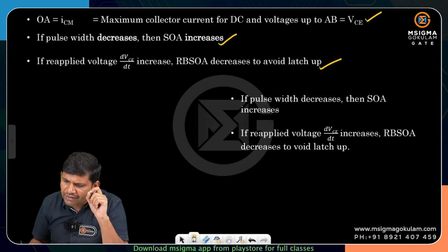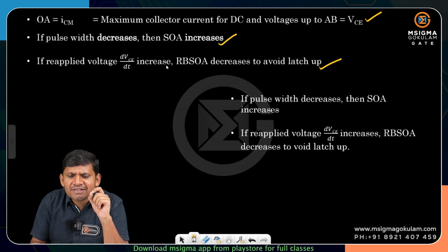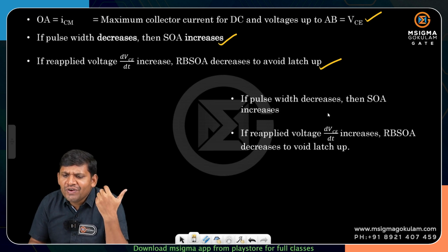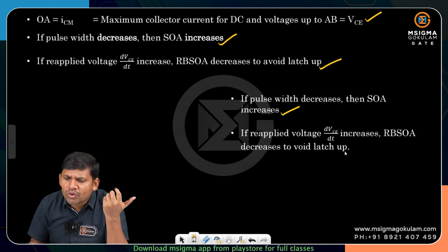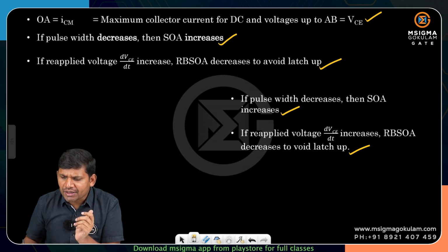If the reapplied dV by dt increases, the reverse blocking mode safe operating area decreases.